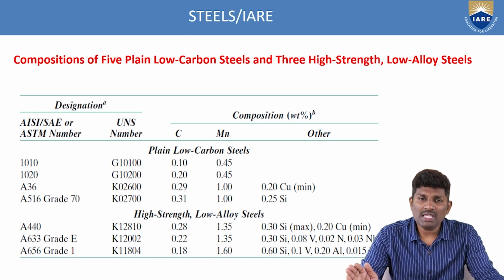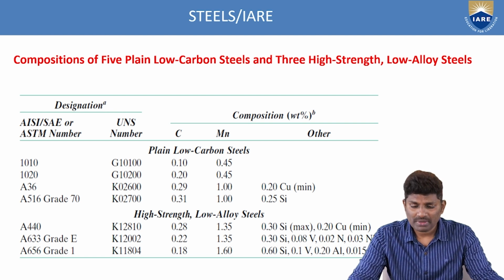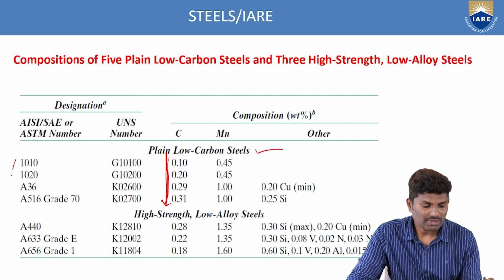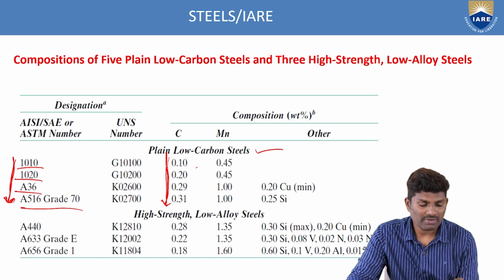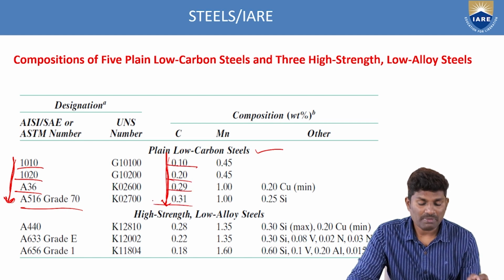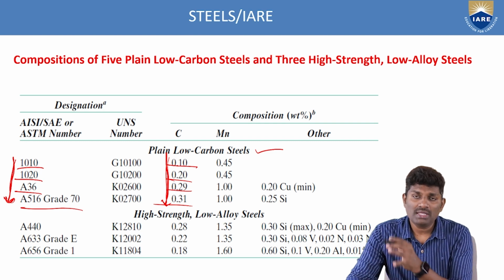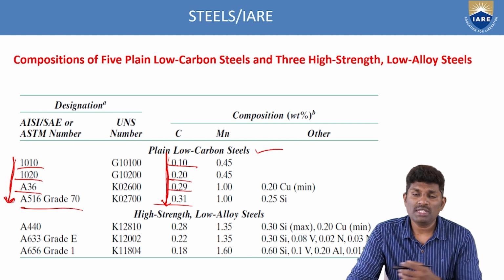Now if you see the individual composition of these low carbon steels, these are the plain low carbon steels. Depending upon the carbon content percentage, you are classifying different types of materials. Based upon the grade, we classify the weight percentage of carbon content, and depending upon this we will have different mechanical properties. Based upon the properties, we can use them for the required application.